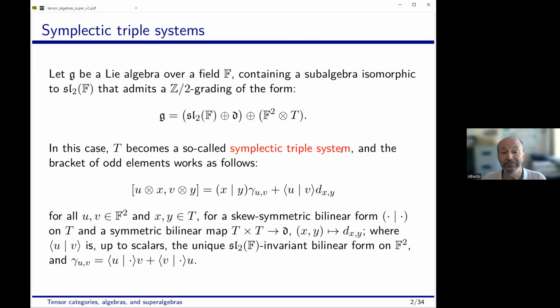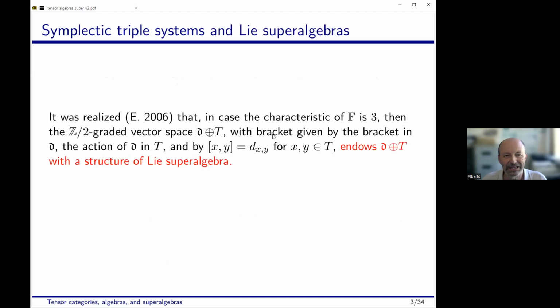And at a certain point, I realized many years ago that in this situation, I can forget about SL2. I can just get rid of SL2 and get rid of the natural module for SL2 and just consider the vector space, which is the direct sum of the centralizer and the symplectic triple system.